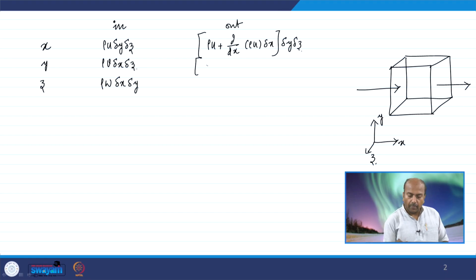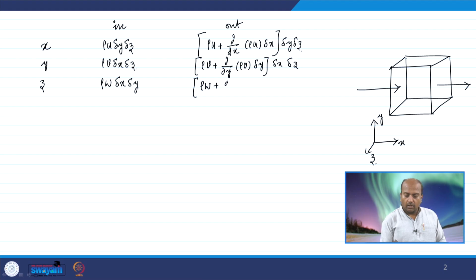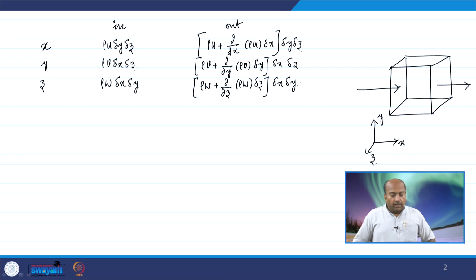Similarly, rho v plus dou by dou y of rho v delta y, times delta x delta z. Right. So, now ideally what do we expect?